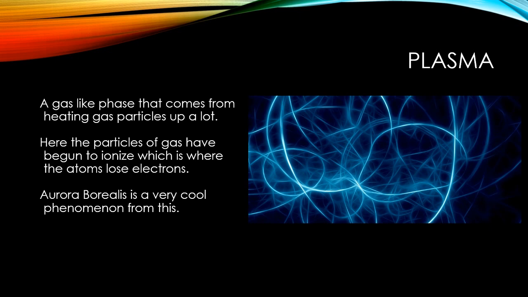Because if we just focused on what we saw on Earth, you wouldn't see too much. You would only mostly see solids. And then we're surrounded by gases. We live in a sea of air, right? And of course, you're probably drinking some liquids. But you would never think that plasma was the most abundant phase of matter that existed. And yet, there it is. Look up at the night sky, see all those stars. All of that is plasma.